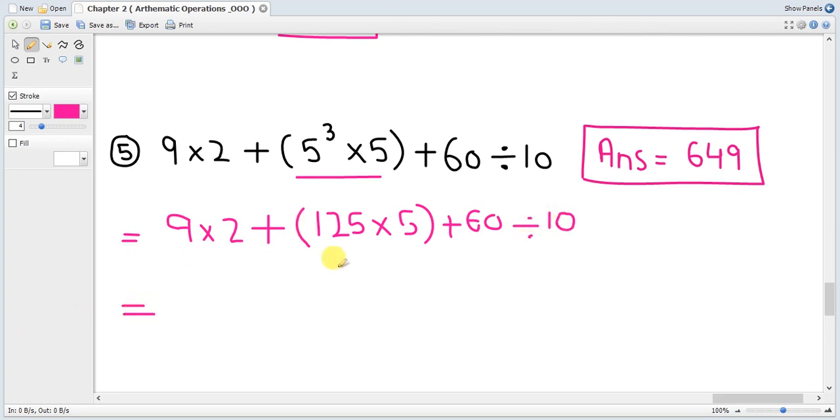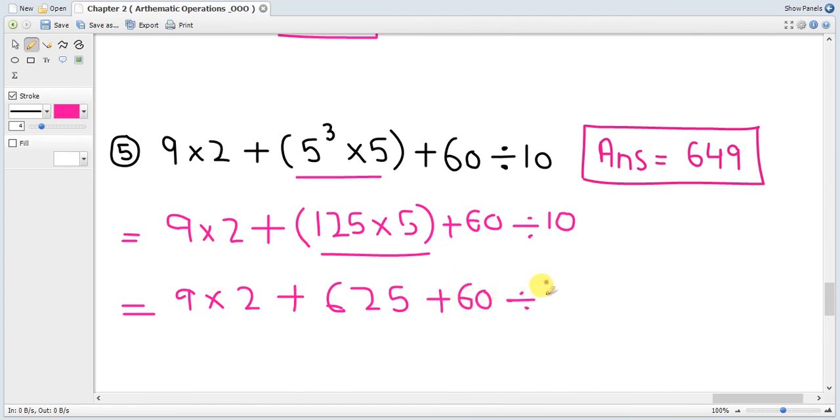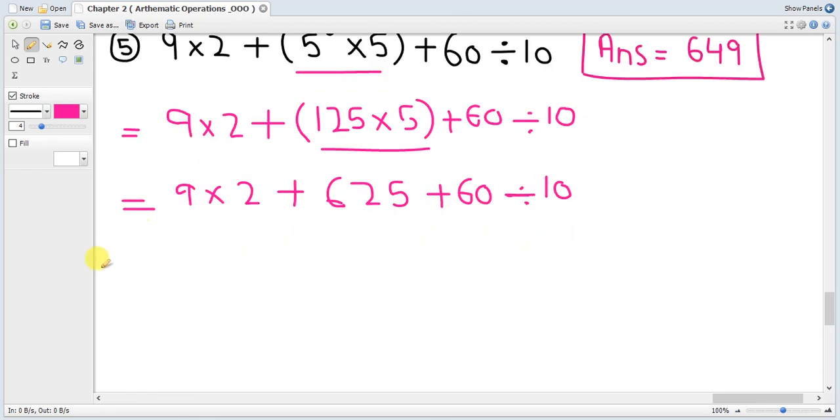Now since we still have a bracket first, we'll go for brackets. So it's 9 times 2 plus 125 times 5 is 625 plus 60 and divided by 10.